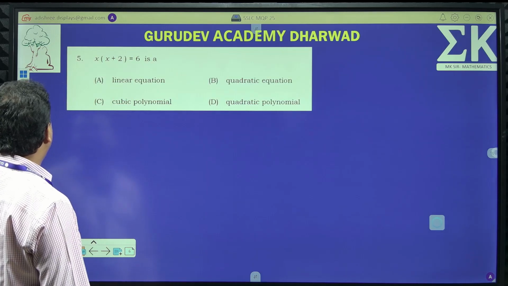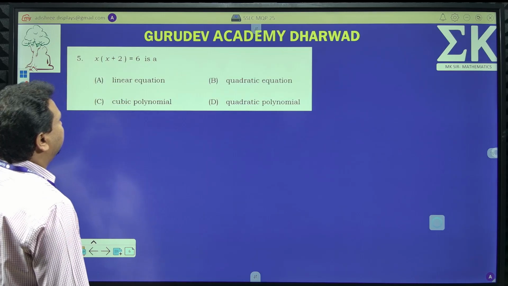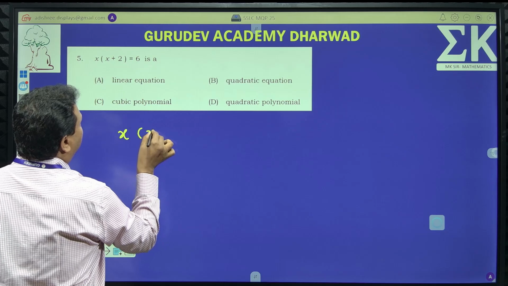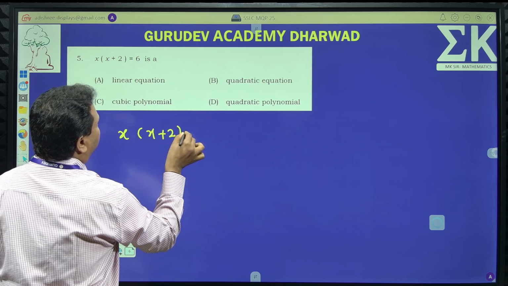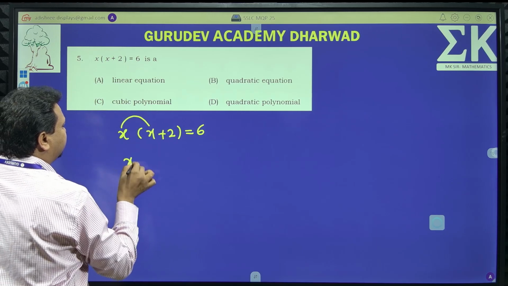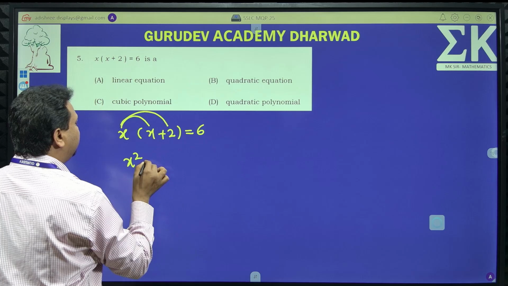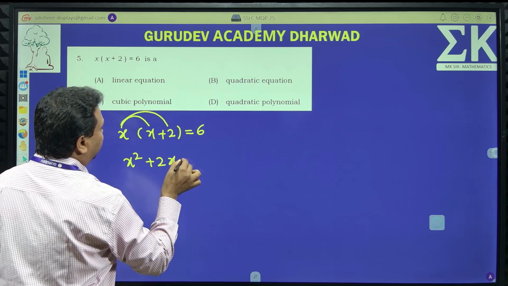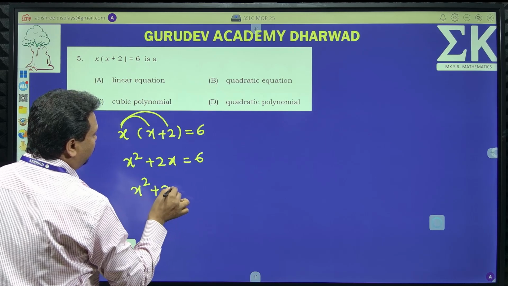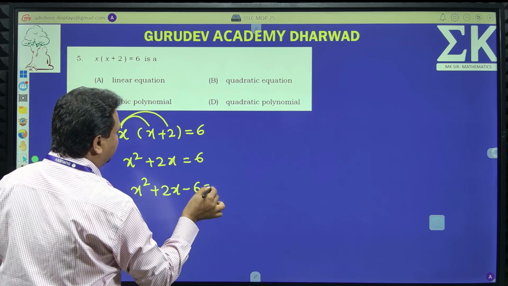x into x plus 2 is equal to 6, then which kind of equation is it, they have asked. So, x into x plus 2 is equal to 6. Let us simplify. x into x is x square. x into 2 is 2x, equal to 6. x square plus 2x minus 6 equal to 0.